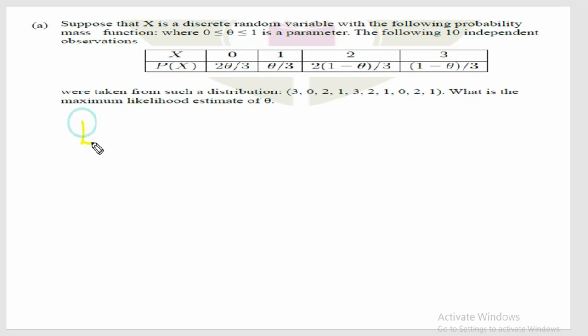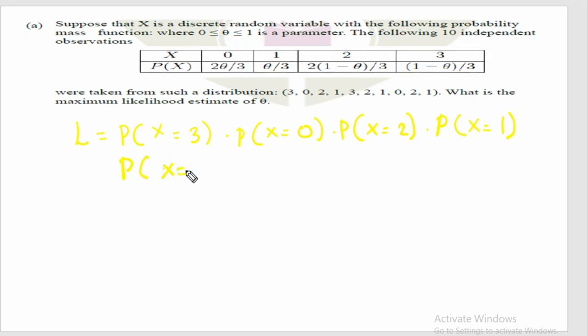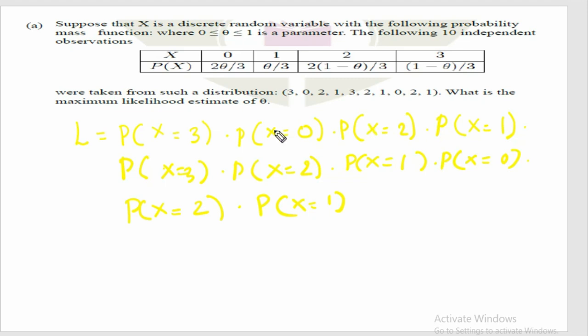So let us find the likelihood L. The L is equal to P(x=3) into P(x=0) into P(x=2) into P(x=1) into P(x=3) into P(x=2) into P(x=1) into P(x=0) into P(x=2) into P(x=1). Now, these all are getting multiplied, no?